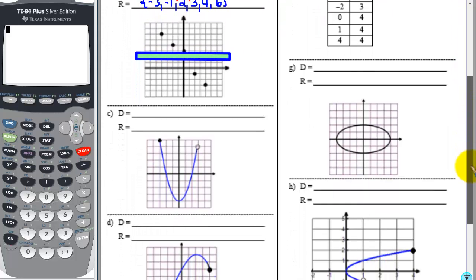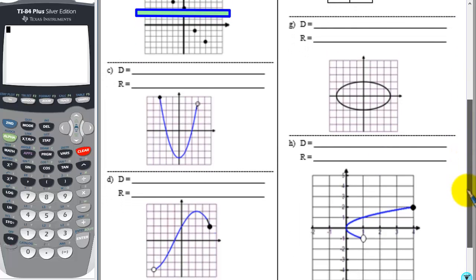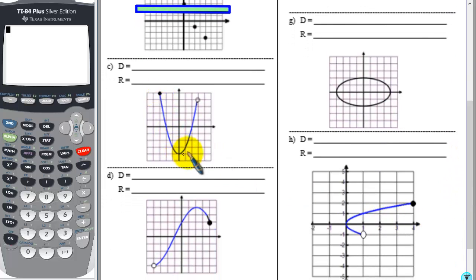Okay, the next few problems, they're all graphs that have a solid line. Anytime you see a graph that has a solid line like this, we're going to do the following. For the x, we're going to set it up. Every single problem is going to be similar to this. We're going to have a beginning and we're going to have an end.